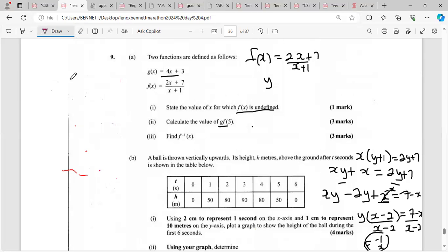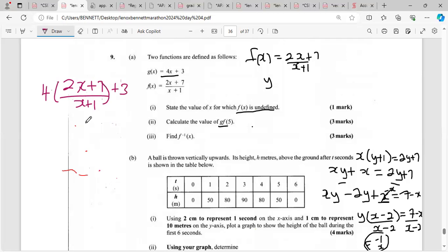Alright, so f is the last function, so it's 2x plus 7 over x plus 1, times the 4, plus 3, right? I think I'll just plug in the 5 from here.